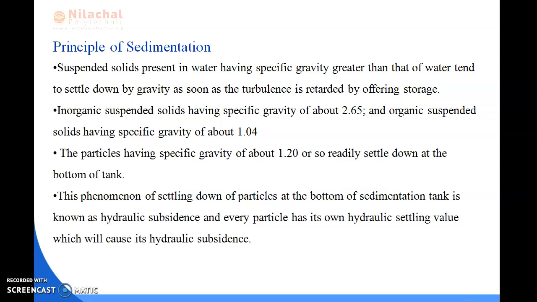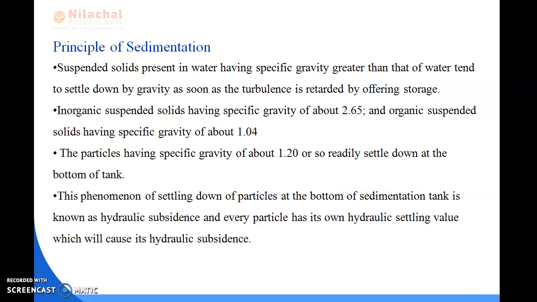Suspended solids present in the water having a specific gravity greater than that of the water tend to settle down by gravity as soon as the turbulence is retarded by offering storage.